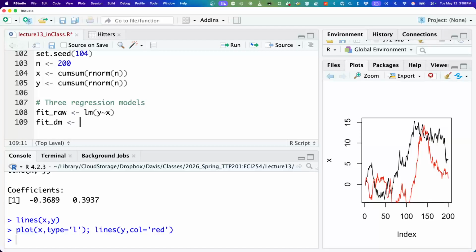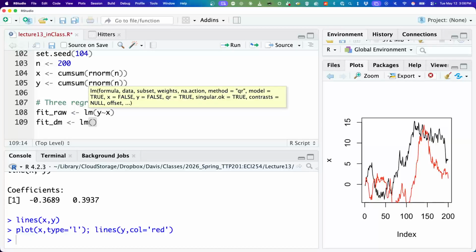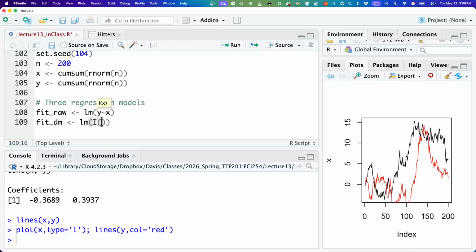One way that you might try to do this is by demeaning. This is where for every individual point, I just subtract away the average across all of the data.